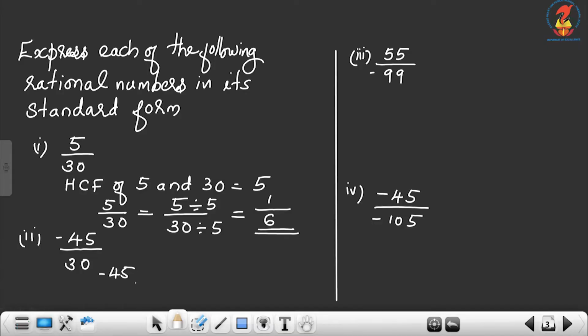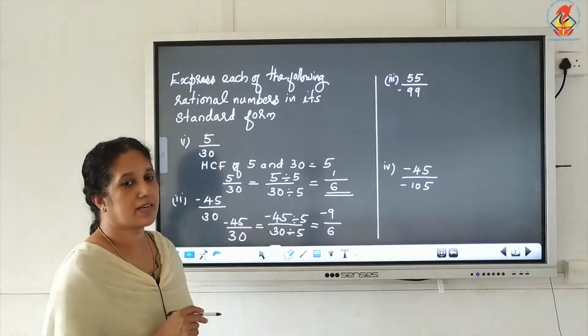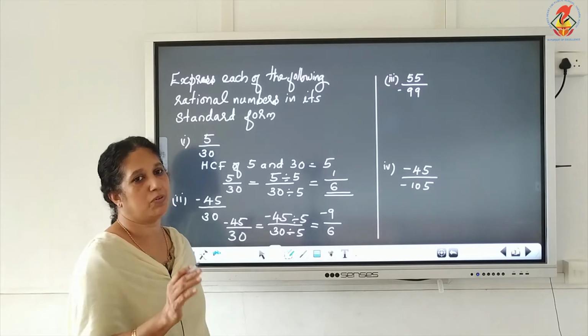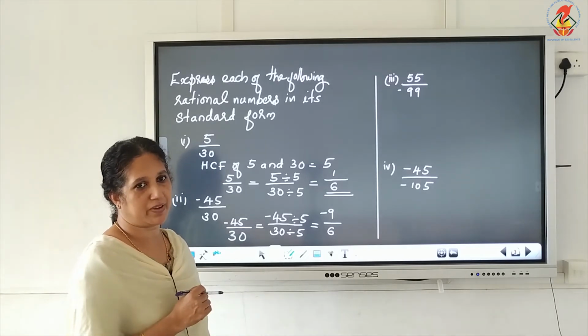Therefore negative 45 by 30 is equal to negative 45 by 30 divided by 5, equal to negative 9 by 6. So is 5 the highest common factor? No, 5 is not the highest common factor.